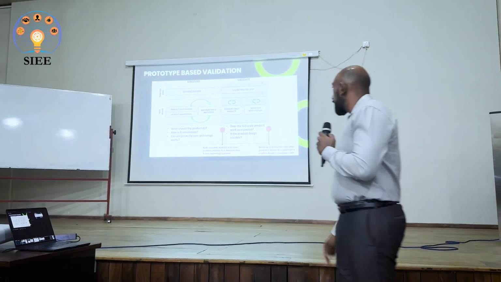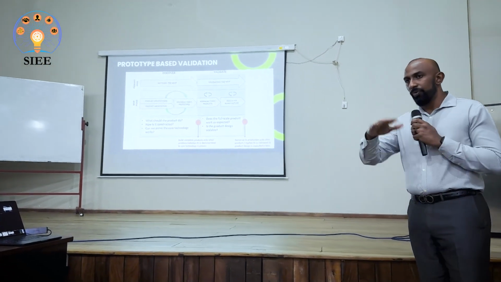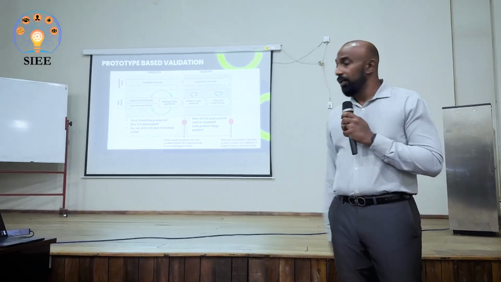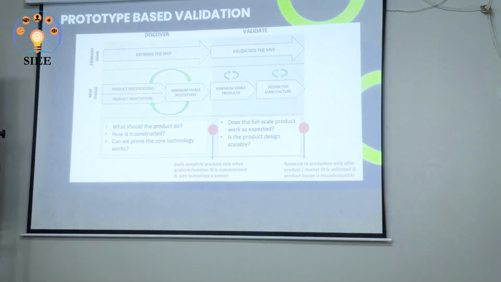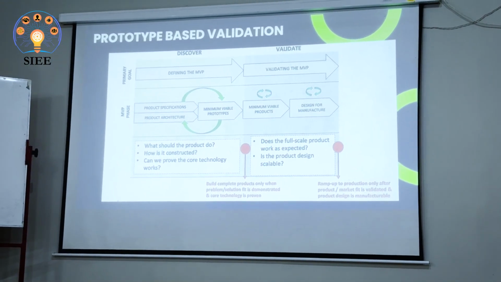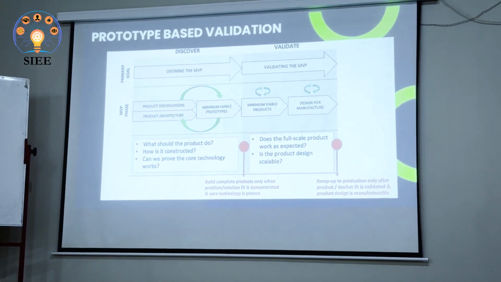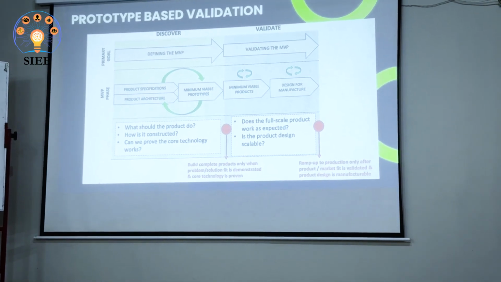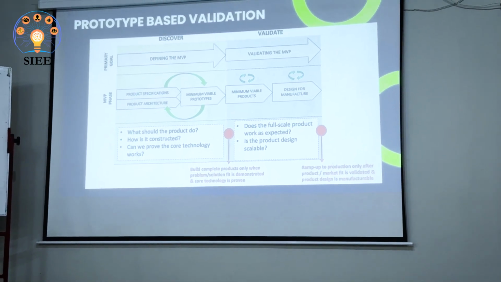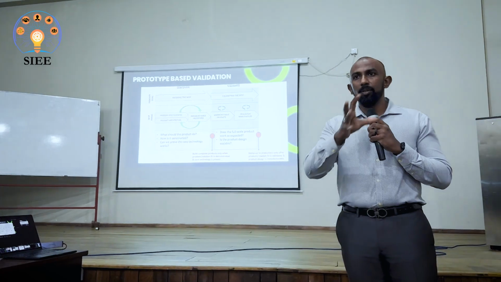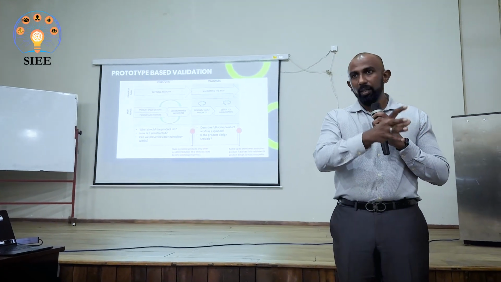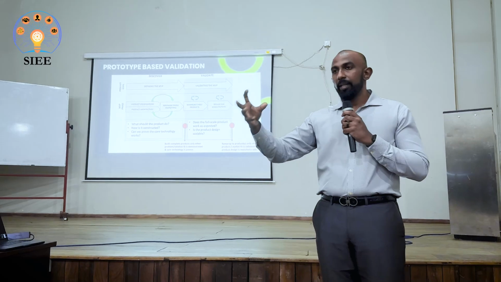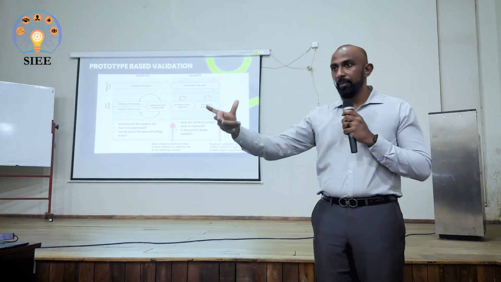Okay, prototype is validation. So we have these two phases called discover phase and validate phase. In the discover phase, we have to define the MVP. In the validate phase, we are validating the MVP. What do you mean by defining an MVP? You have an idea, you convert that idea into a concept, and then from the concept you create the prototype.